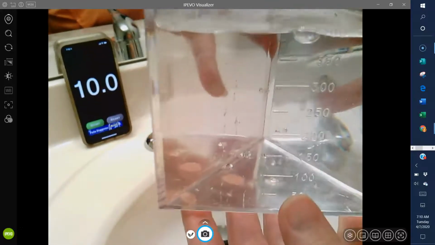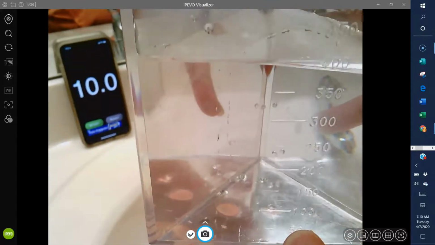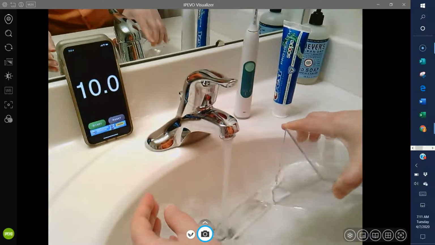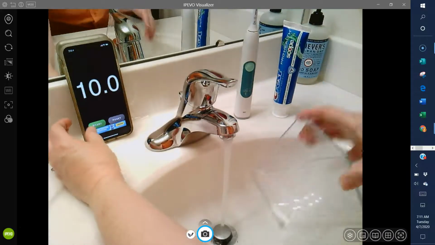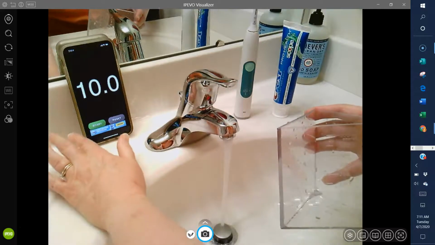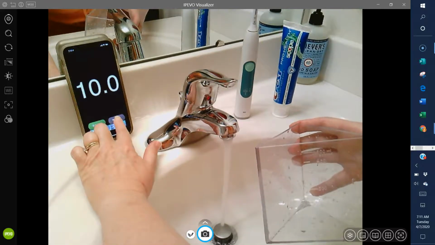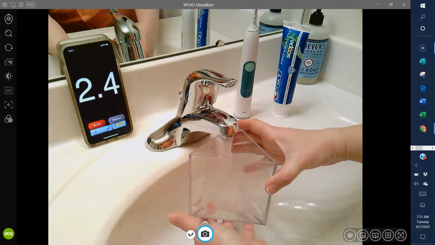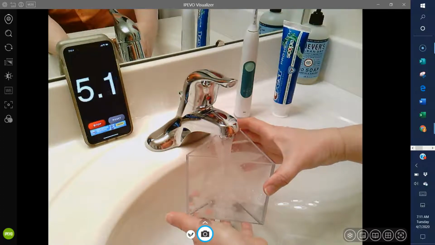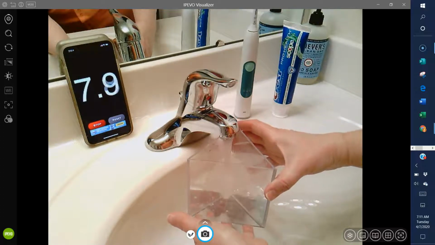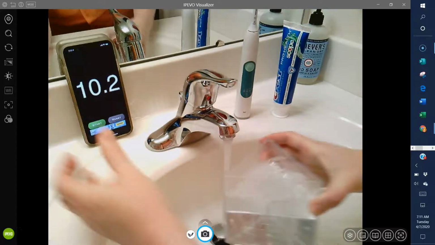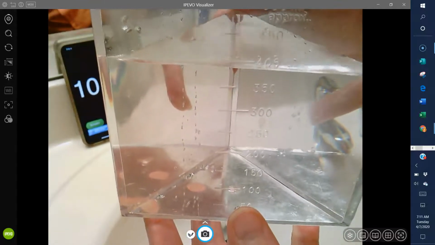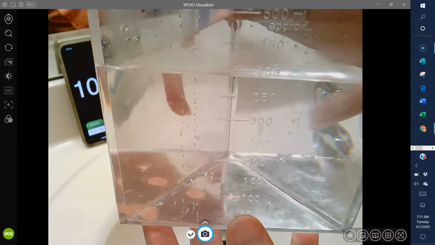Okay, now we see there's a bubble. It looks like it's right on 400, so we'll say 400. That was the fifth round. Okay, sixth round, it looks like it's right under 400. We might say 395.